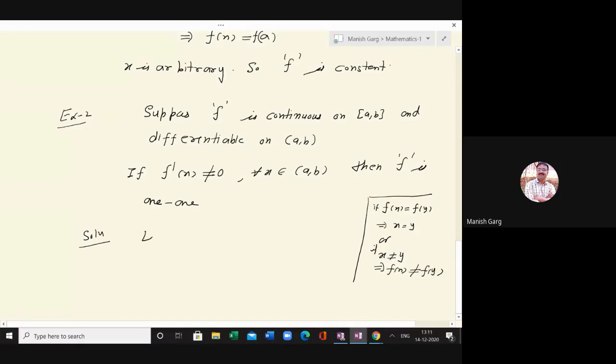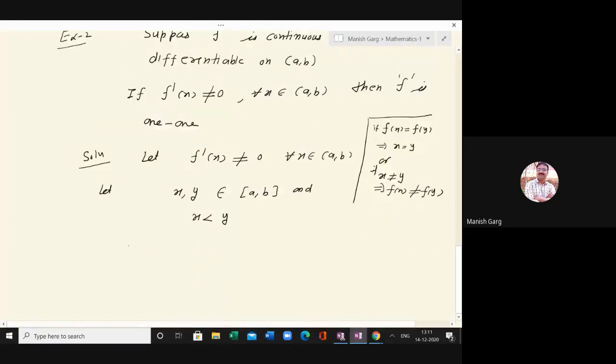So let this be given. Let x and y be elements of (a, b), and x less than y.